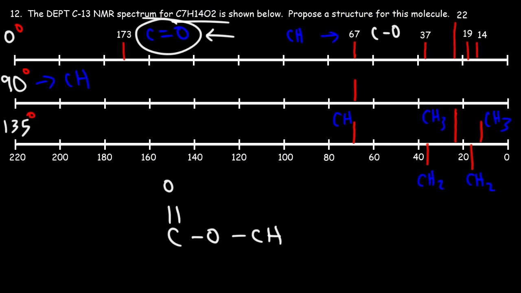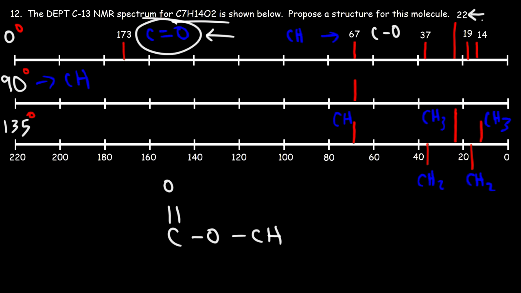And what else do we know? Now we have 2 methylene groups, and we have 2 different types of methyl groups. So the methyl groups will be at the end. But notice that the signal at 22 is much higher than the signal at 14. So one of the methyl groups will be an isopropyl group.